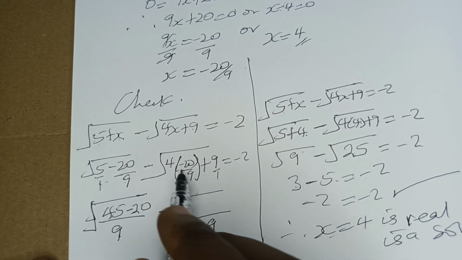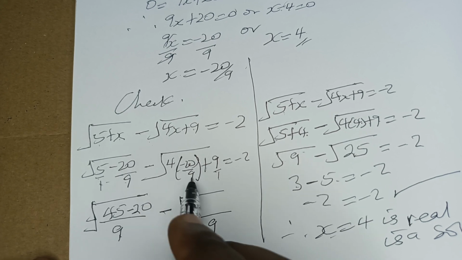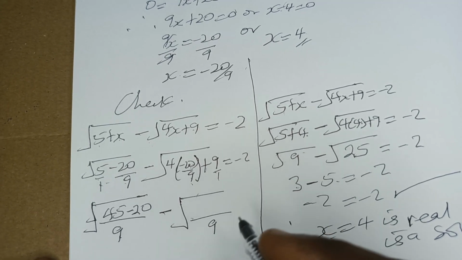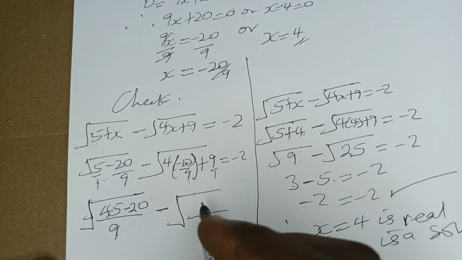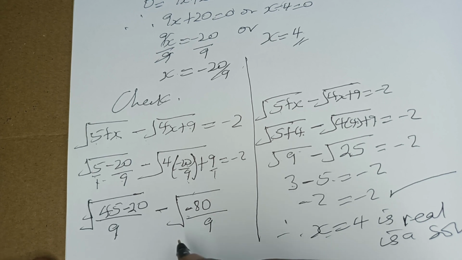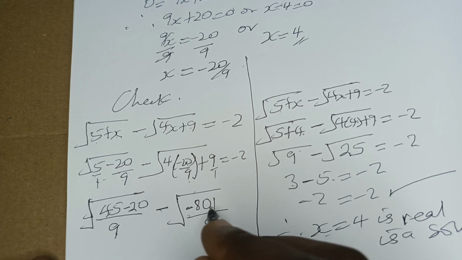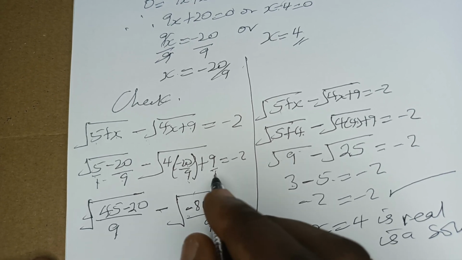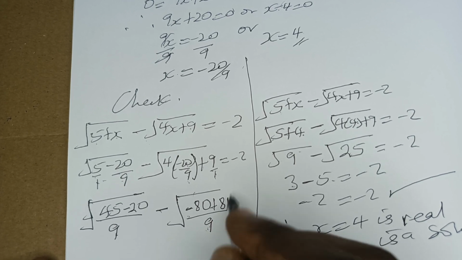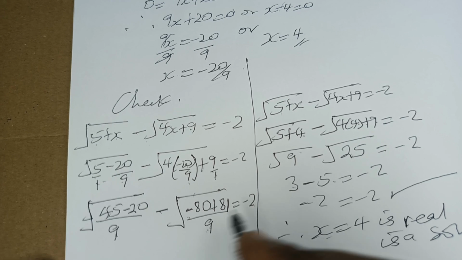When we solve this, 4 times minus 20 will give us minus 80. Plus 1 here, 9 times 9 is 81, that's 81 is equal to minus 2.